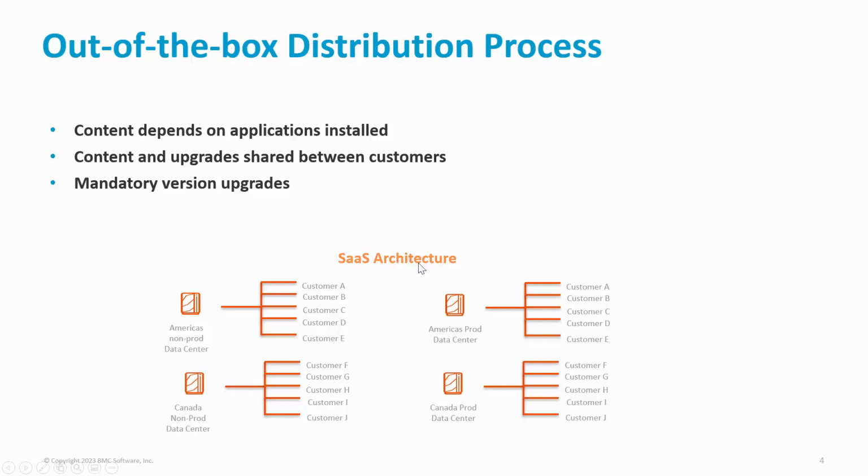And as I say, this is for example for Americas. Of course, that's not the real name, but we have other data centers, for example for Canada, Ireland, etc. What I want to explain here is that all the upgrades are mandatory and all the out-of-the-box content is updated at the same time.